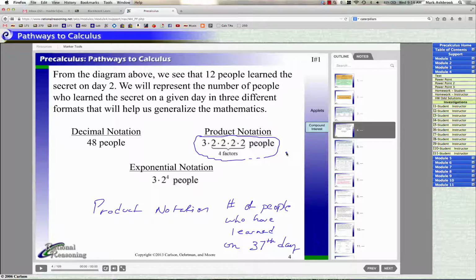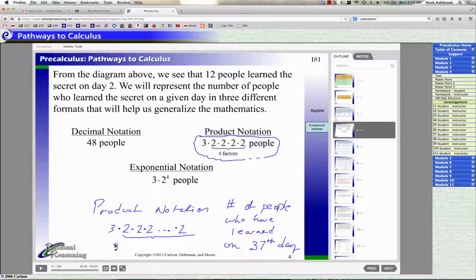Mitchell? 3 times 2 to the 37. That's not product notation. 3 times 2, 37 times. So we can just write a couple here. And then we can say what? 37 2s, right? 37 factors of 2.